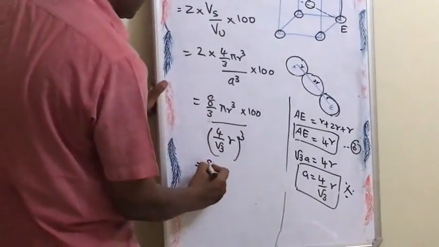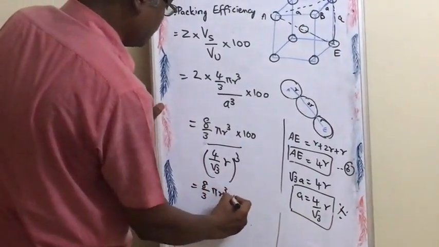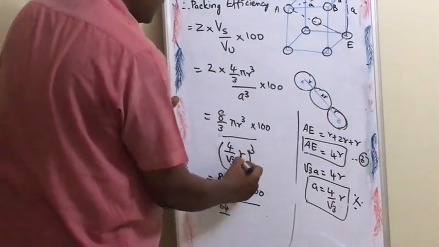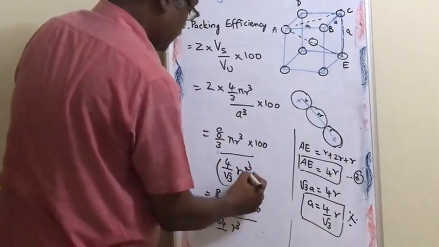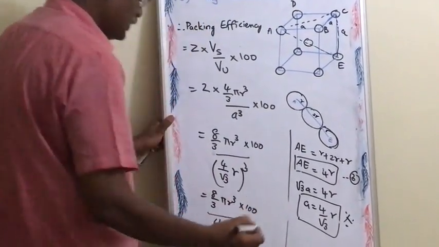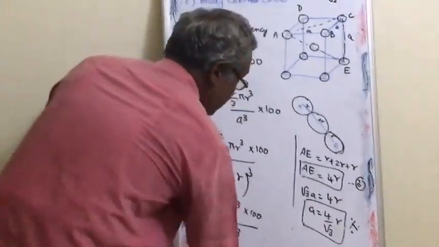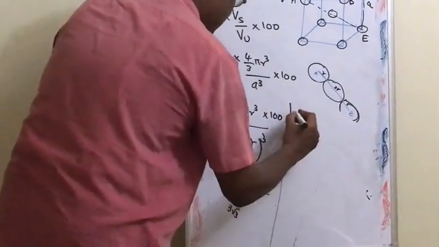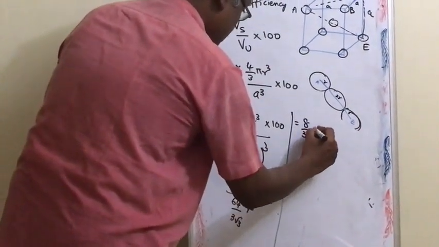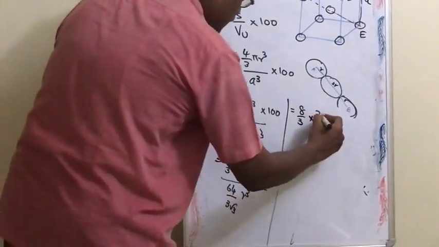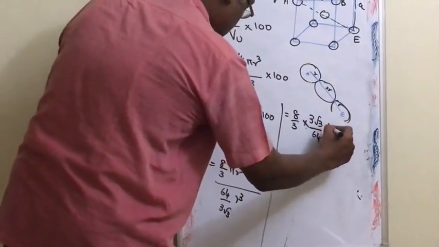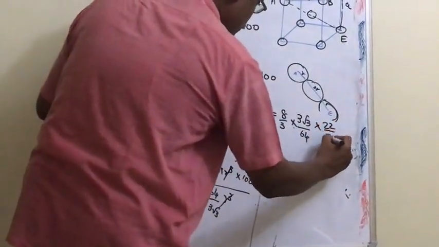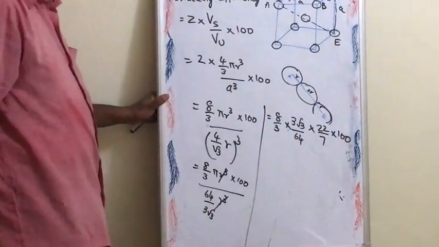Now multiply 8 by 3 pi r cube into 100. So 4 cube will be 64 divided by r cube. The denominator will be 3 root 3. Next line, 8 by 3, and we write the reciprocal of this, that is 3 root 3 by 64. The r cube will get cancelled here, pi equal to 22 by 7, into 100.